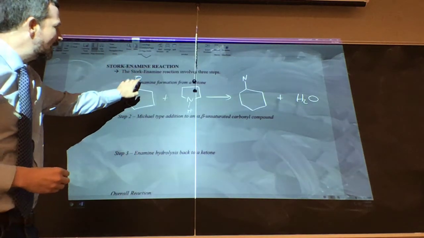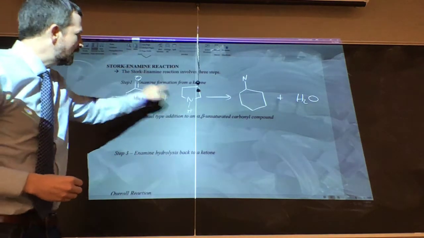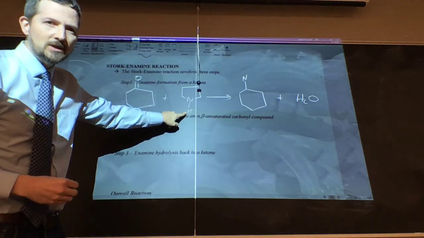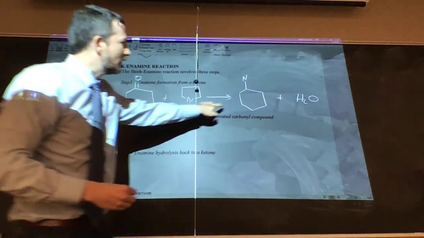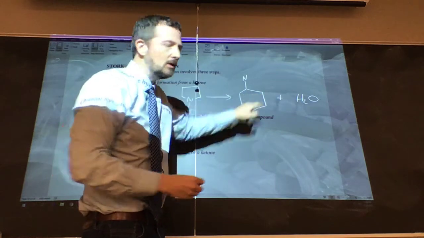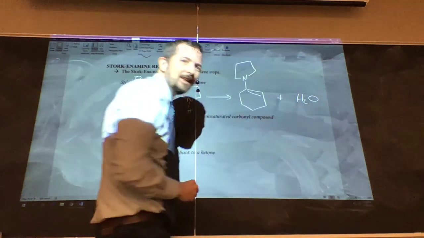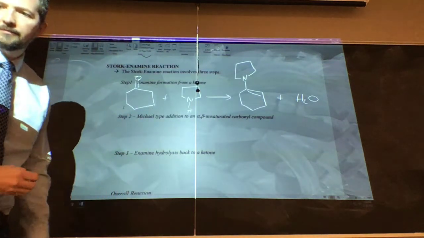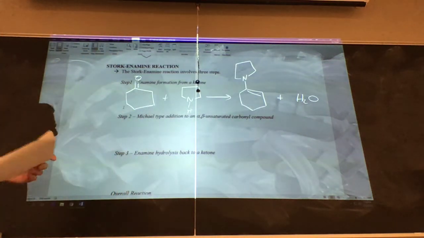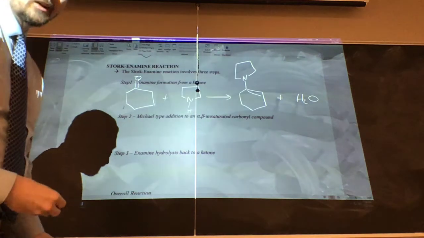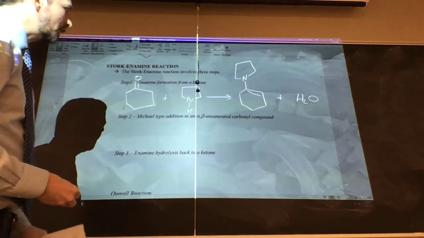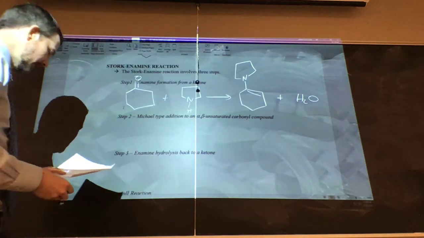Usually you form your imine because you lose H2O, but when there's only one hydrogen here to lose, it takes the other hydrogen from the adjacent position, so you end up forming your enamine from that. The next step is a Michael type addition to an alpha beta unsaturated carbonyl compound.